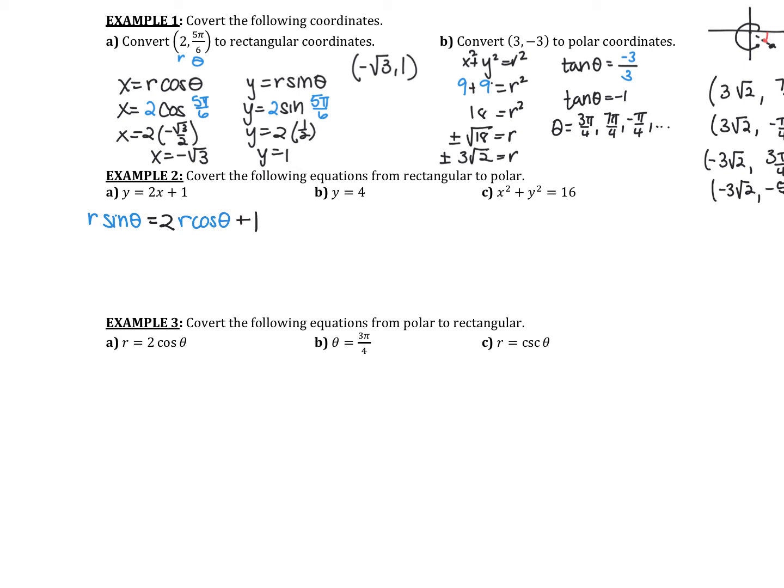And then my goal is typically to get it to be an r equals equation or a theta equals equation, if there's one that's going to be easy to solve for.